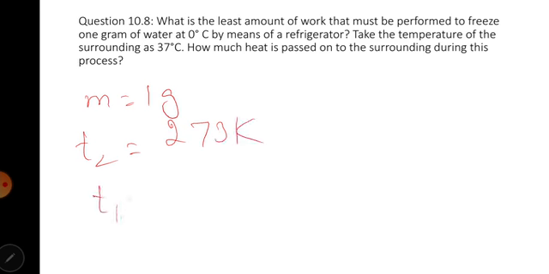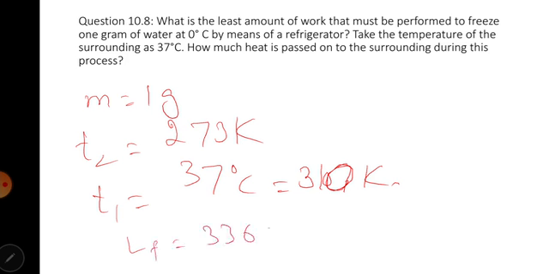T1 is 37 degrees Celsius, which is equal to 310 Kelvin, when 273 is added. Latent heat of fusion is 336 joule per gram.